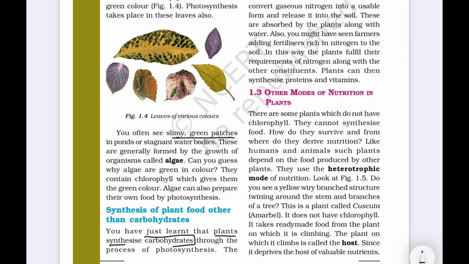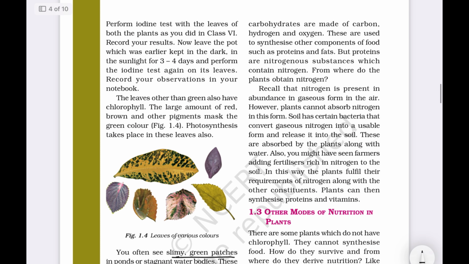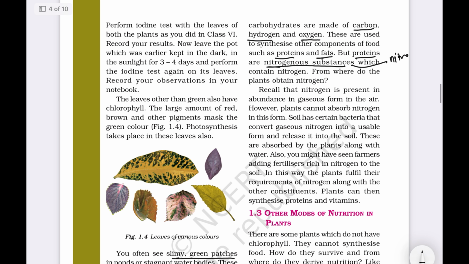Plants synthesize carbohydrates, right? Through the process of photosynthesis. So the carbohydrates are made up of carbon, hydrogen and oxygen, and they are further used to synthesize other important components like proteins and fats. Okay, but we know proteins are nitrogenous substances. What are nitrogenous substances? That contain nitrogen.